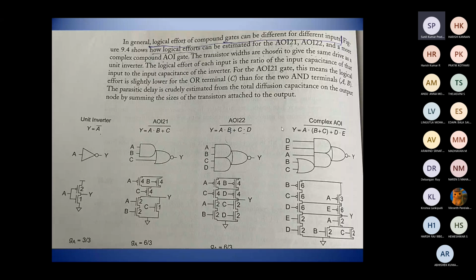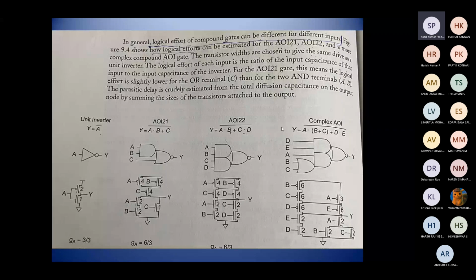As you can see in this figure, the logical effort can be estimated using this AND-OR-Inverter operation, and more complex compound gates. The transistor widths are chosen in such a way as to give the drive of a unit inverter. The logical effort of each input is the ratio of the input capacitance of that input to the input capacitance of the inverter.